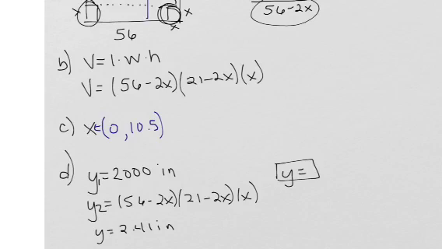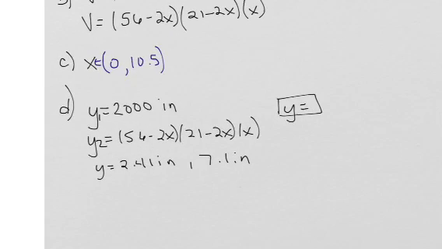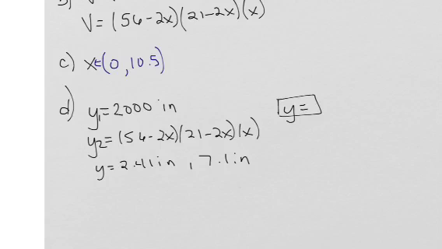And the guess is around 7, and it tells me my other point of intersection is about 7.1 inches. So there's two cut sizes that will result in 2,000 cubic inches, and we used the graphing calculator to graph both equations and found the 2 points of intersection. A cut of 2.41 inches will make a volume of 2,000, and a cut of 7.1 inches will make 2,000.